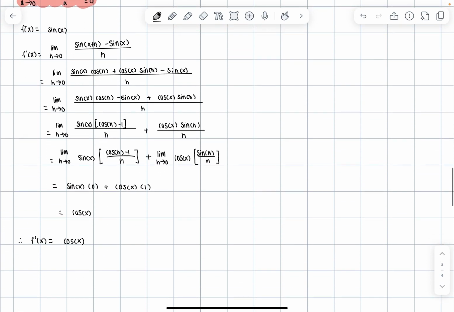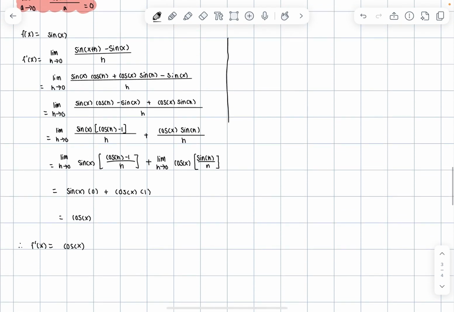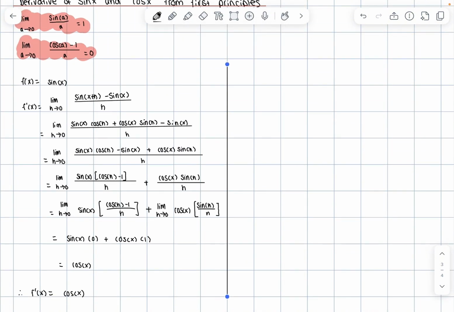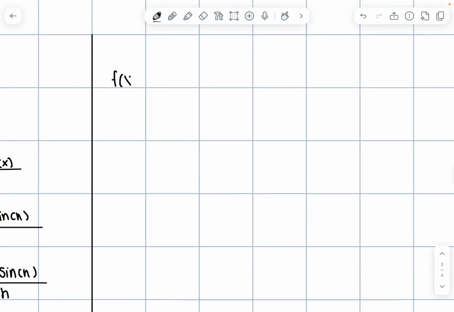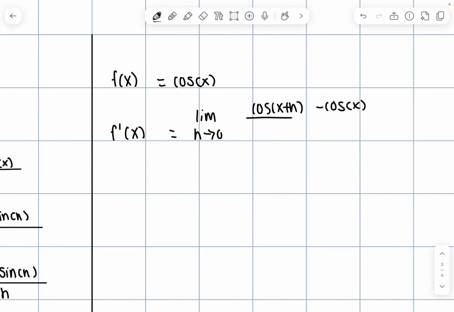Now, another useful one to know would also be the cosine, because they're very closely related. So I'll just create a line here and we just expand this up here. So we'll let f of x equal cosine of x. And then once again, we'll just use our limit, or our derivative definition. So it'll be the limit as h tends to 0 of cosine of x plus h minus cosine of x all over h.